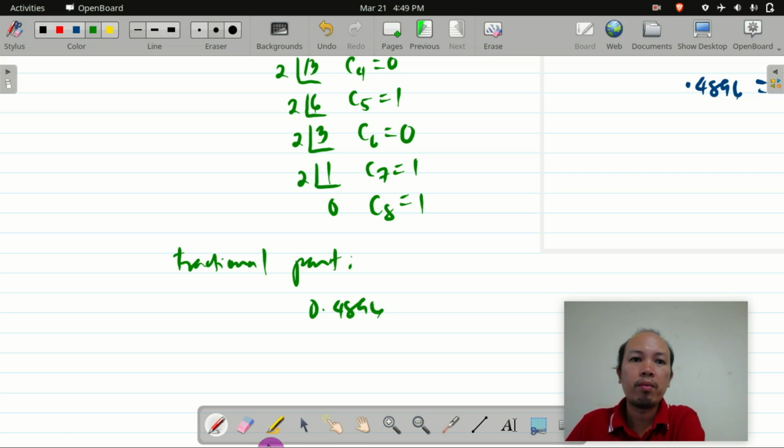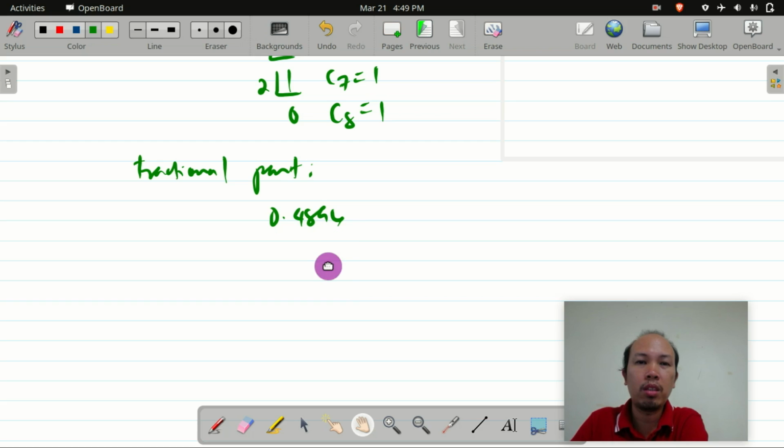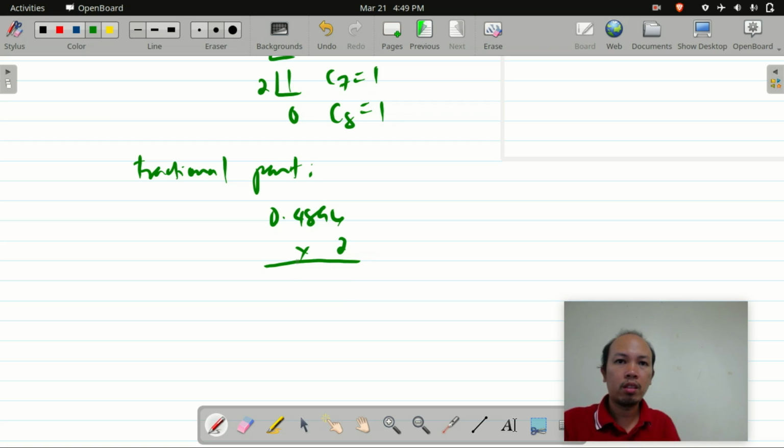So what have we done before? We have to multiply by 2 and ignore the integer part. So 0.4896 times 2, we have 0.9792.